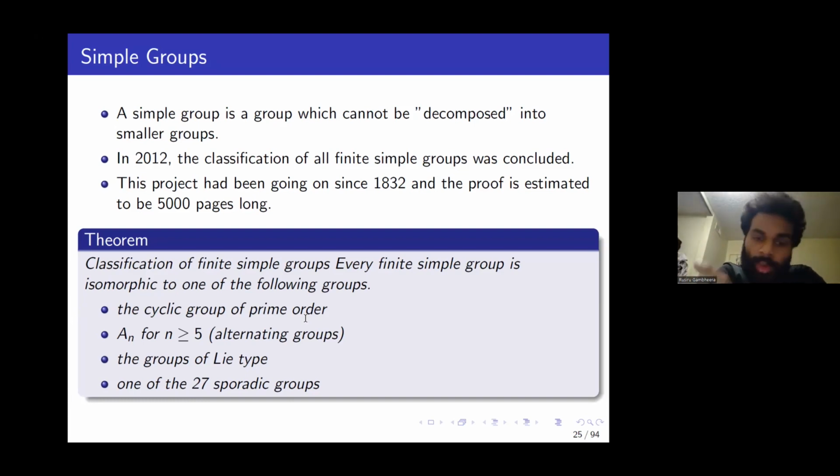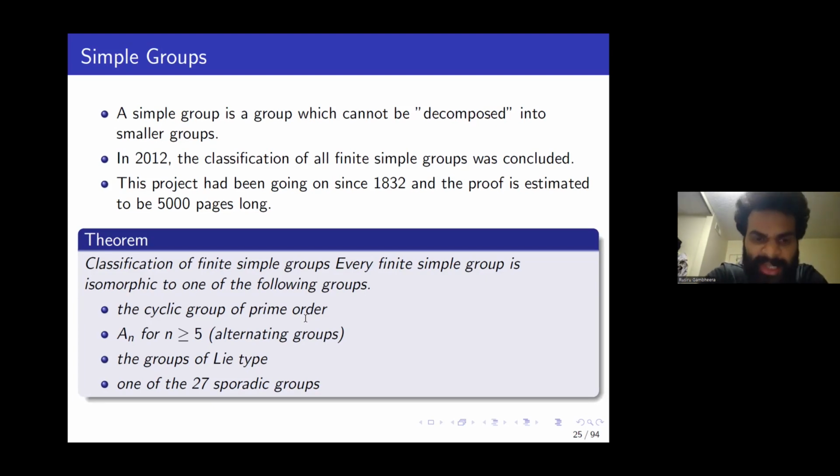Then A_n is the alternating group of order n. I explained A4, so it's very similar to that. And there are groups of Lie type that I'm not going to explain, but that's reasonably well understood. All the first three families are infinite families.